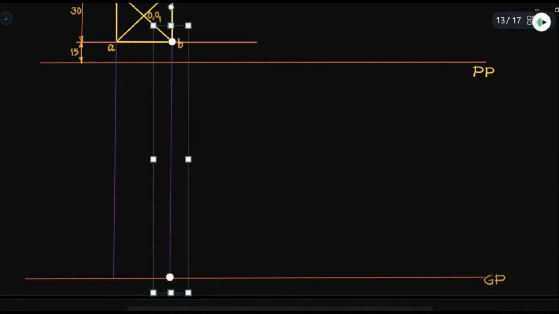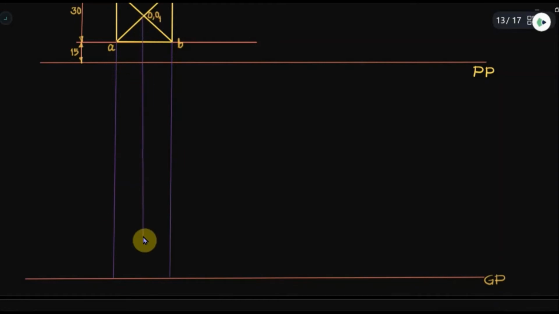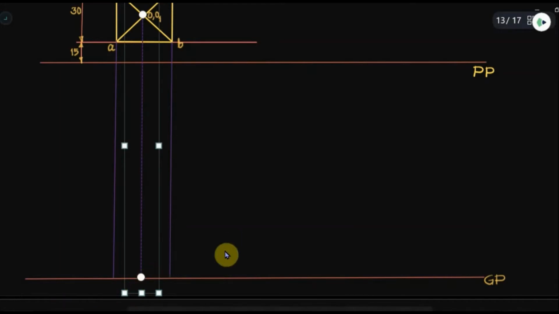So the front view will be above GP now. The base is on the ground plane GP. So when you project the center, it will be this, the axis line. The axis in the top view is a point, and in the front view, it's a line perpendicular to GP, just like we draw the axis perpendicular to XY when we follow first angle projection.